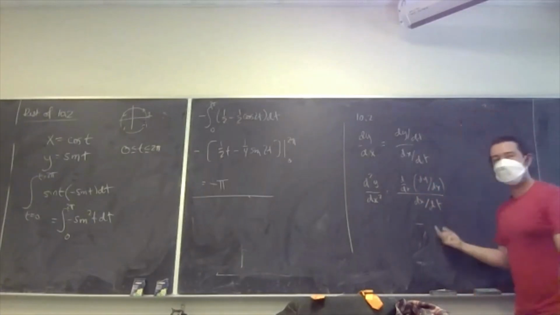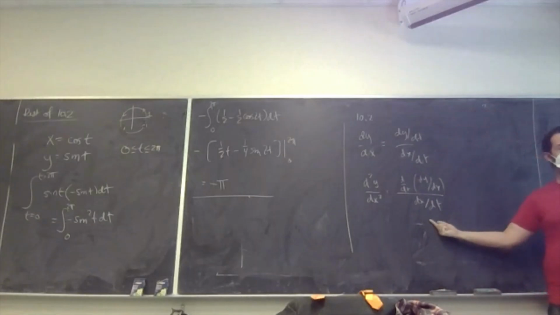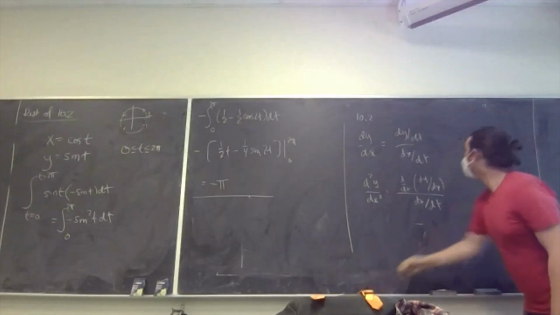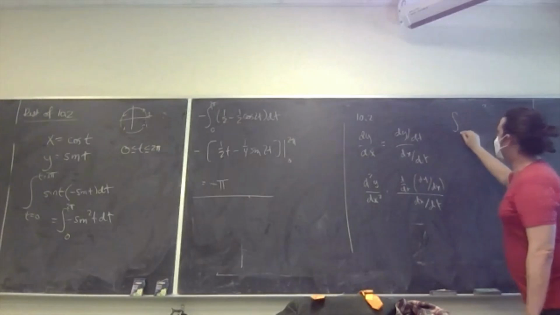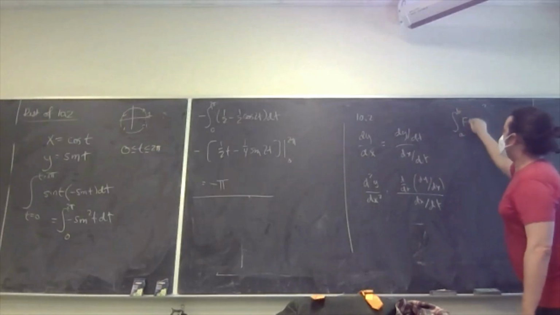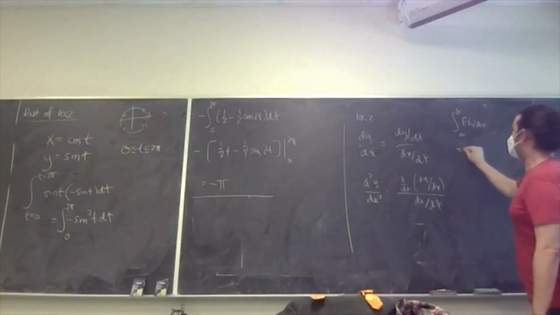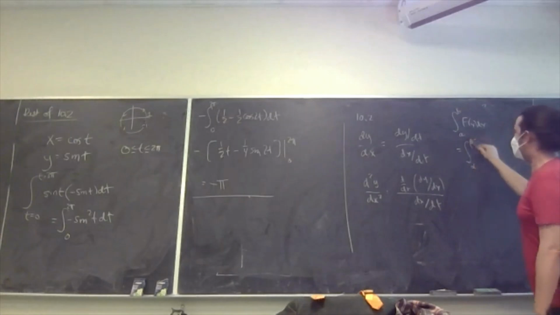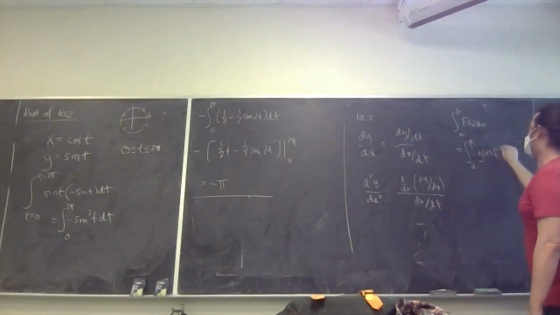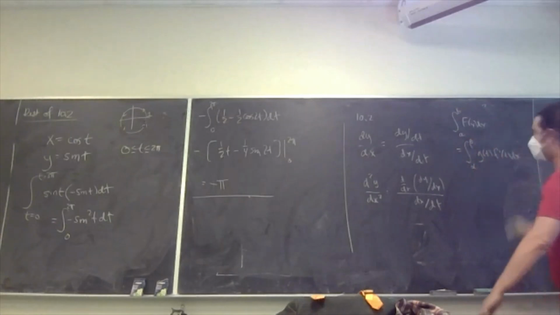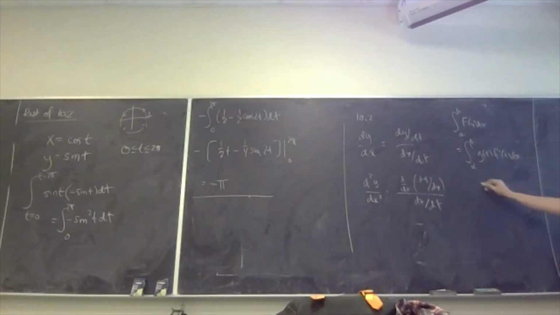So the second derivative had this weird computational formula. And the integral from a to b of f of x dx is equal to the integral from alpha to beta of g of t f prime of t dt, or if you like, the integral from alpha to beta of y times x prime dt.